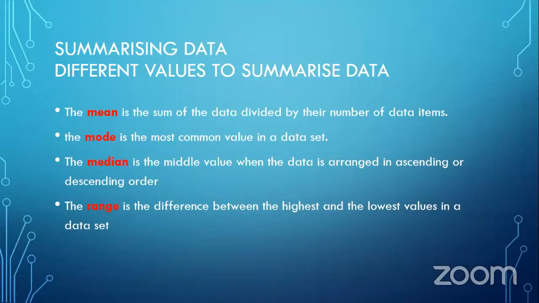When we say difference, it's subtraction. Anytime they say the difference between numbers, it's a subtraction. The difference between the highest number and the lowest number, you always subtract. It's always like that.